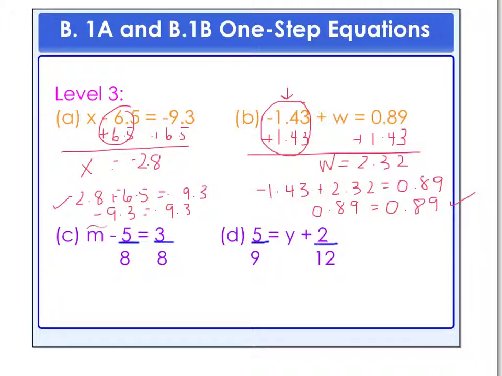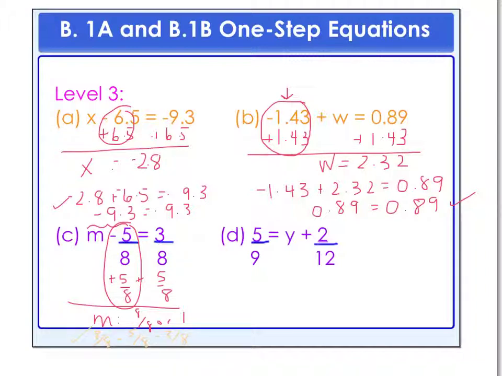We've got minus 5/8 connected, so we have to undo that by adding 5/8. Here we have m equals 3/8 plus 5/8, which is 8/8 or 1. If I check over my work, we have 8/8 minus 5/8 equaling 3/8, which is true.